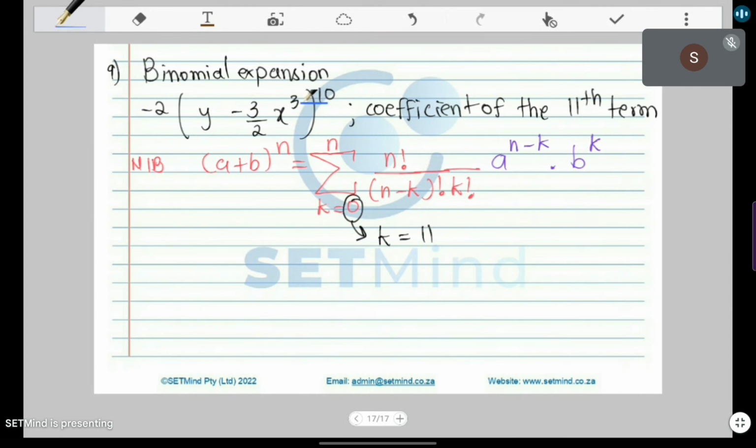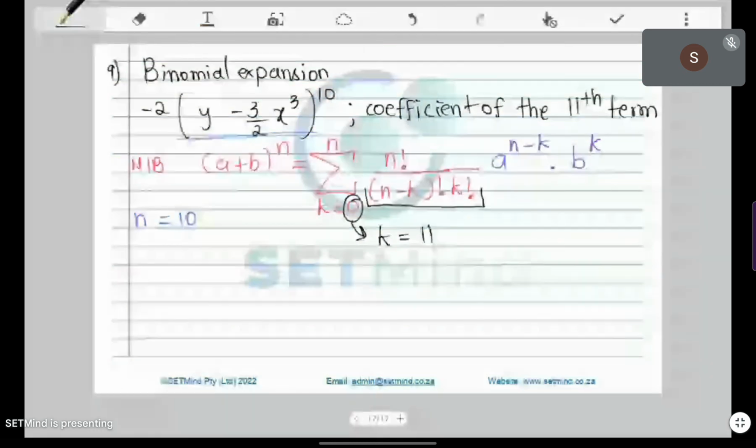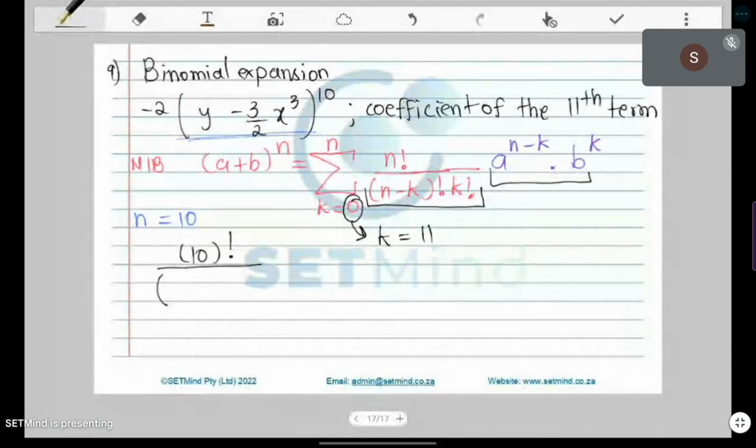Our n from our expression, we can see that our n is 10. So meaning the coefficient of the 11th term is gonna be, let's see, what is it gonna be? So let's look at this first, and then we'll come back. So I'm gonna have n factorial, which is 10 factorial, divided by, let me see, 11 term.